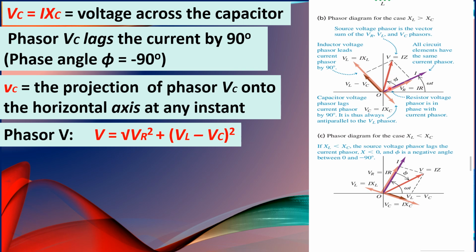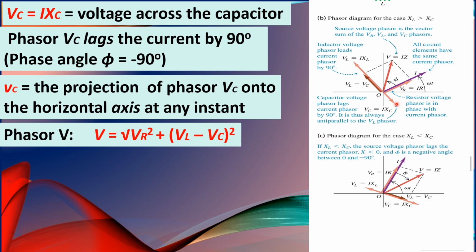Now, to form this vector sum, what's done actually here in the diagram, we first subtract the phasor V sub C from the phasor V sub L. Again, the two phasors, inductor voltage phasor and the capacitor voltage phasor, are along the same line but opposite in directions.